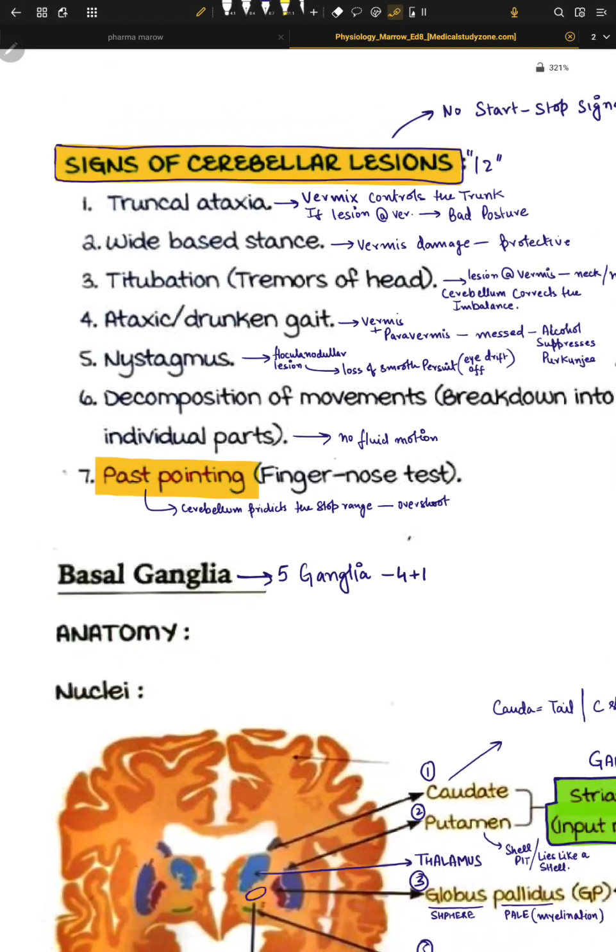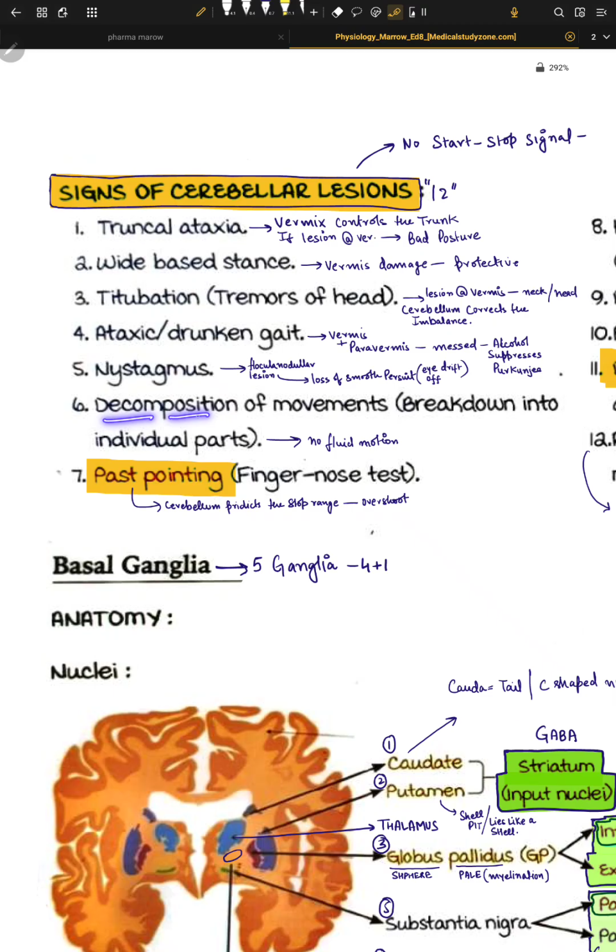What about decomposition of movement? Well, decomposition of movement, it means it will not be a very smooth movement. Okay, there will be no fluid movement. Why will there be no fluid movement? Because the smoothness comes from pre-start calculations. Whenever you're able to pre-calculate any sort of movement, the smoothness comes.